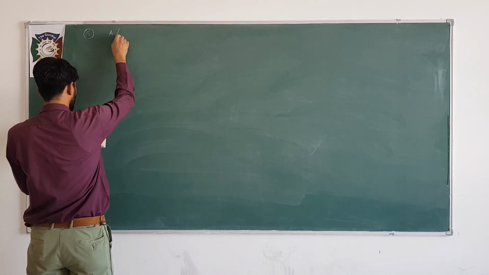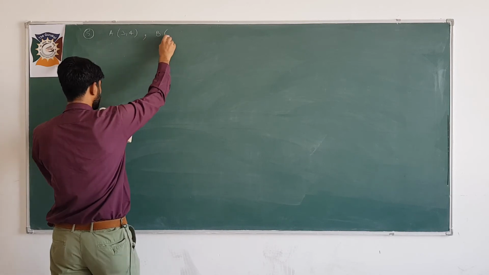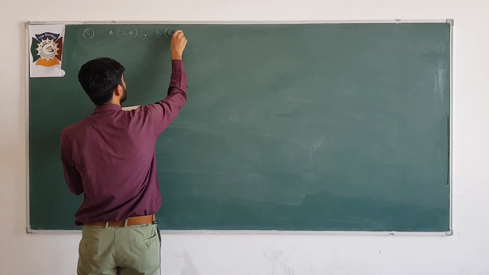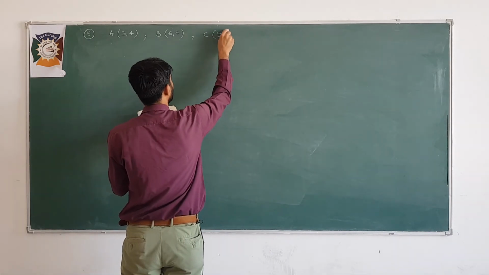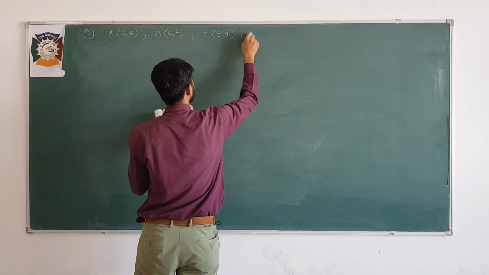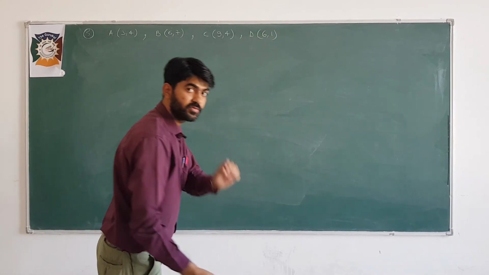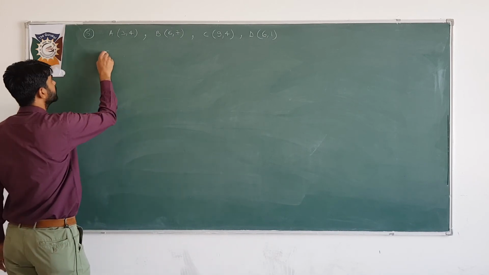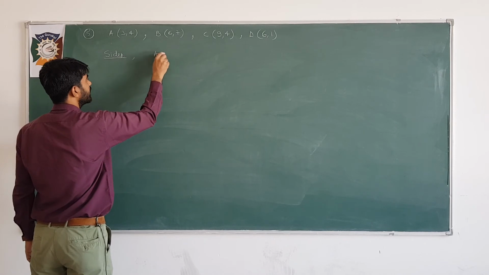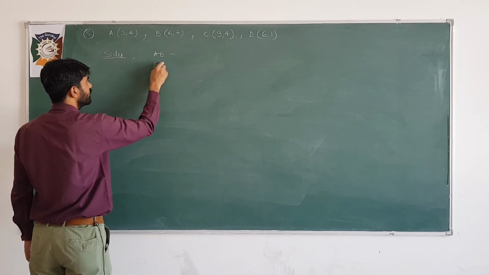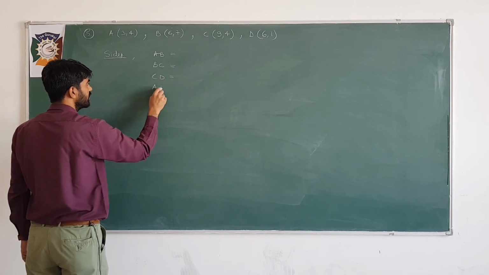Point A coordinates are (3, 4). Point B coordinates are (6, 7). Point C coordinates are (9, 4). Point D coordinates are (6, 1). Okay, first we will find all sides, that is we will find AB, BC, CD and AD.